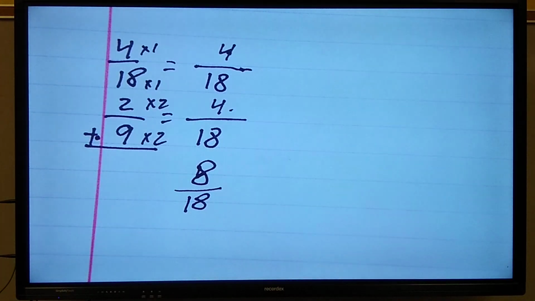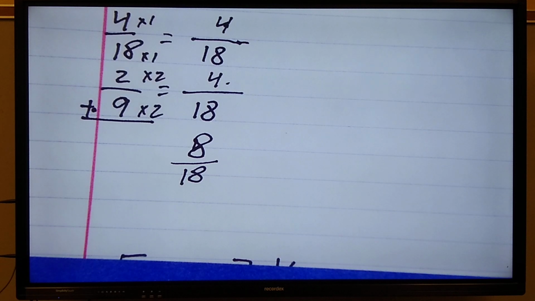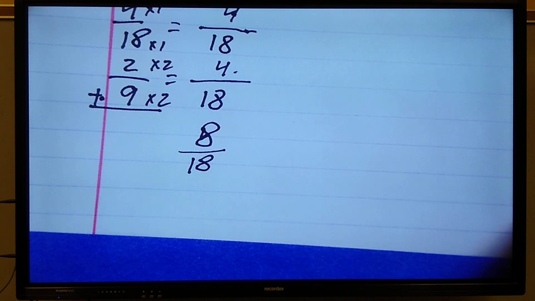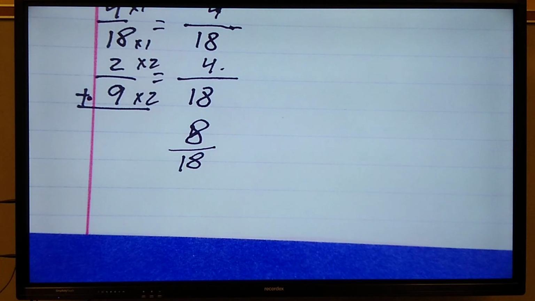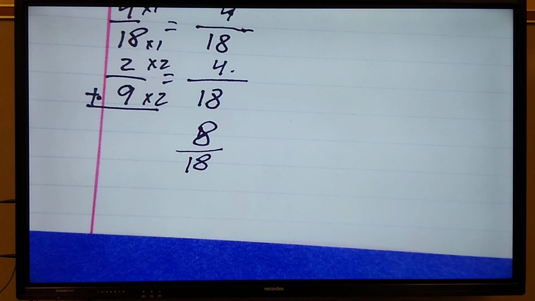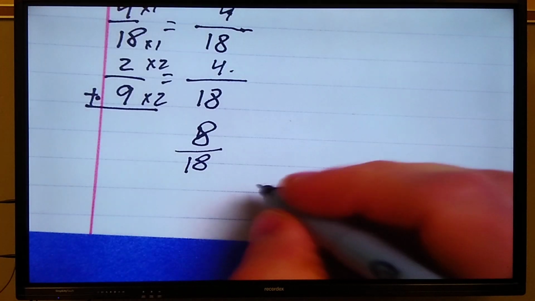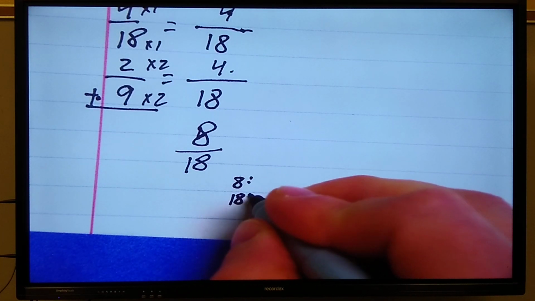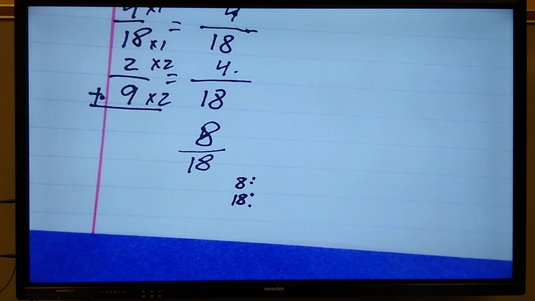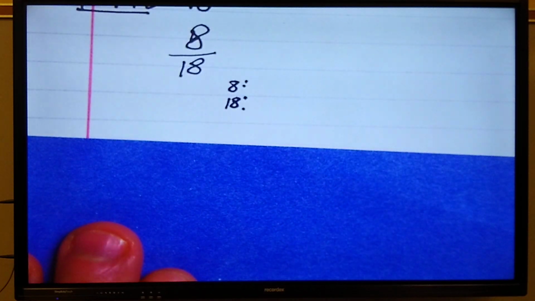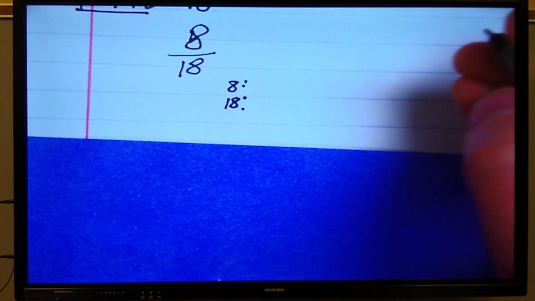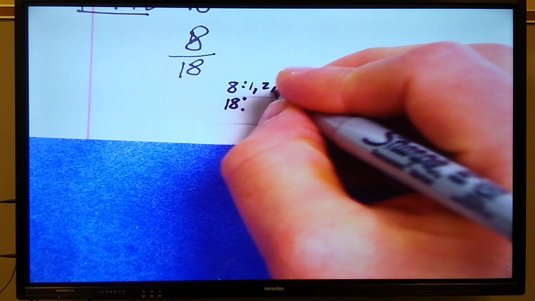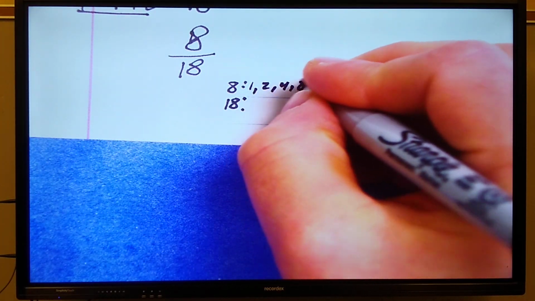Now you got to ask yourself the two important questions. Is this an improper fraction? It is not. Is this in simplest form? You should have found out that this is not in simplest form. You have to simplify this one. You have to find the factors of 8, which are 1, 2, 4, and 8.